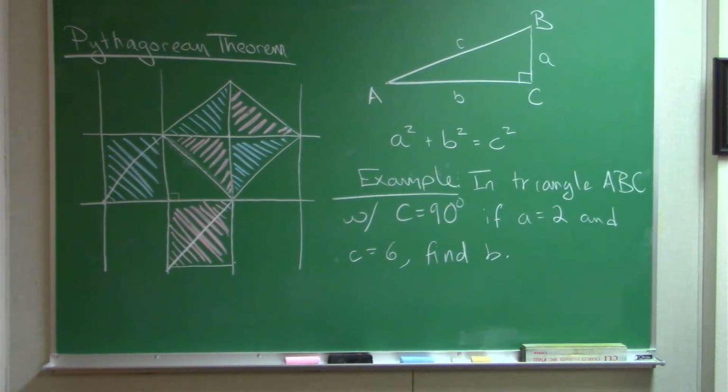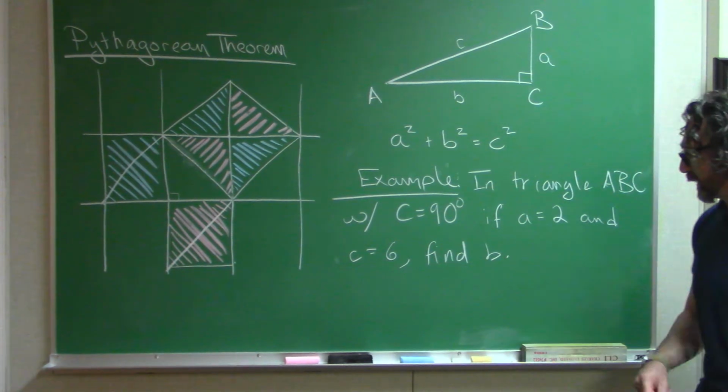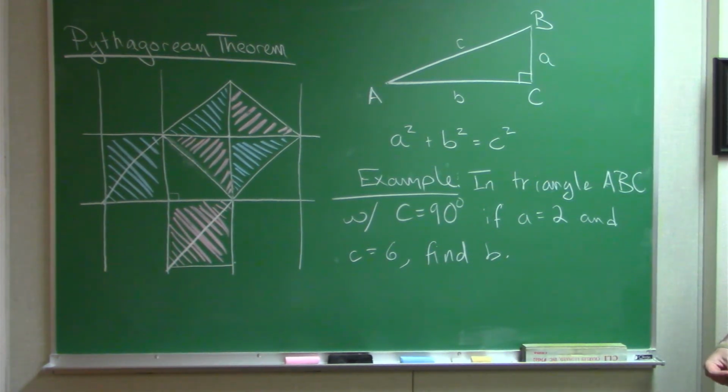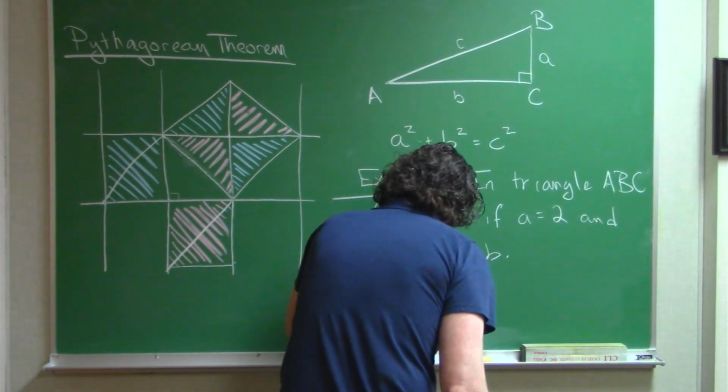So in triangle ABC with C equal 90 degrees, a equals 2, c equals 6, we are charged with finding b. Let me make a little picture here.